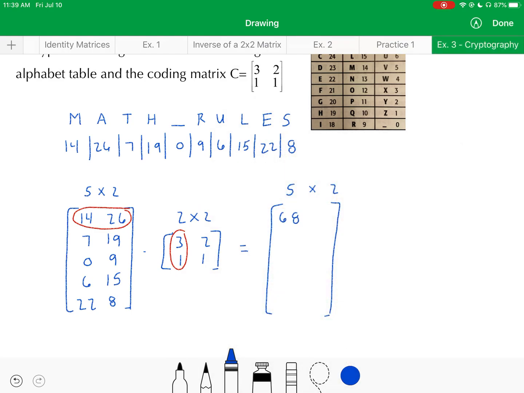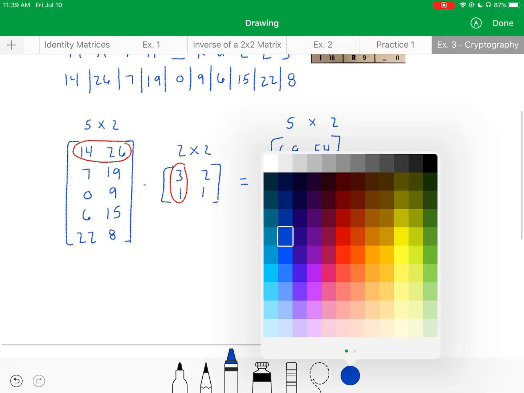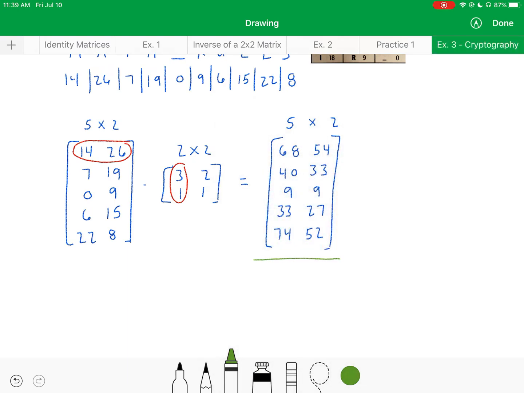All right, and then you just continue the process of multiplying and you'll wind up with the following: 54, 40, 33, 9, 33, 27, 74, and 52. Okay, so right here, this is known as your encrypted matrix or your encrypted message.